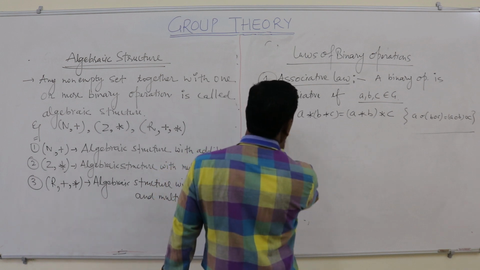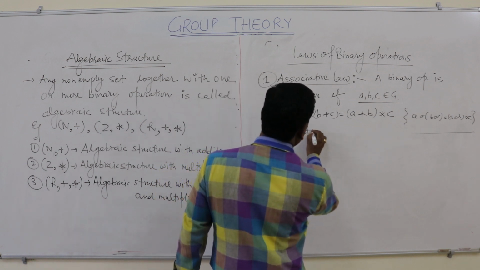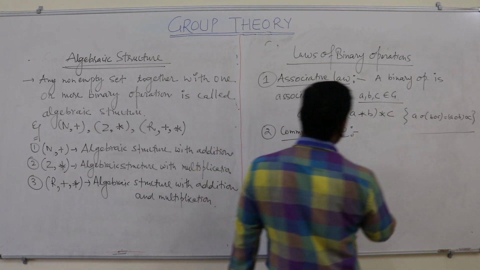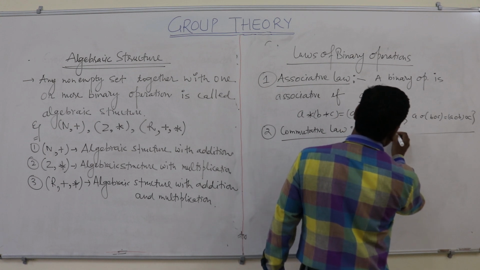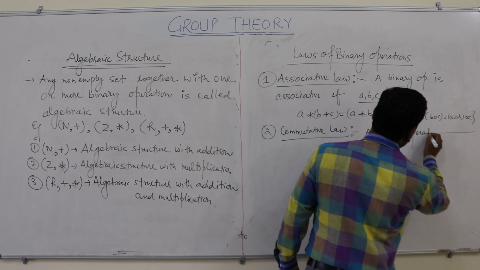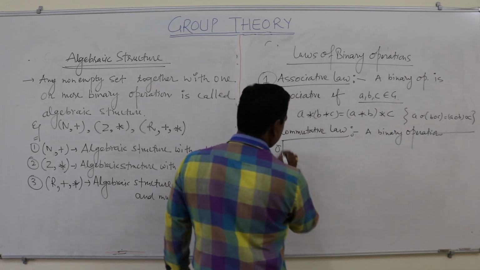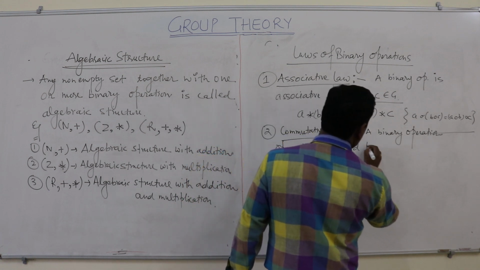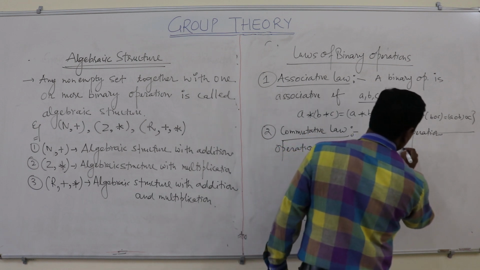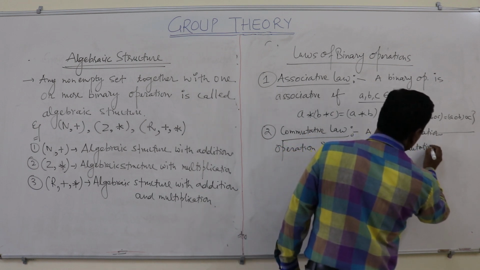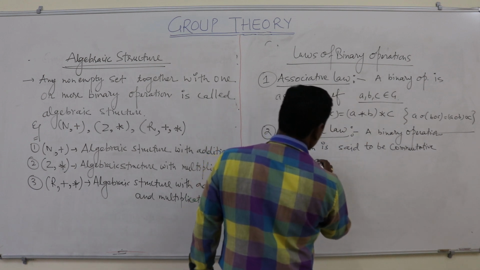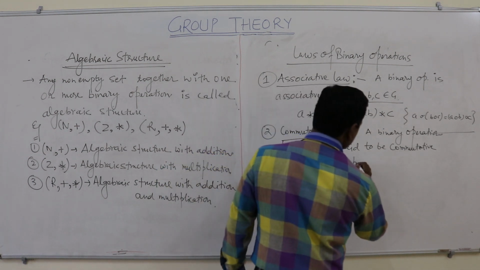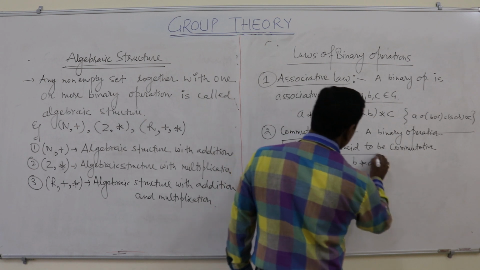Second is the commutative law. A binary operation is said to be commutative if a multiply b, or a operation b, equals b into a.